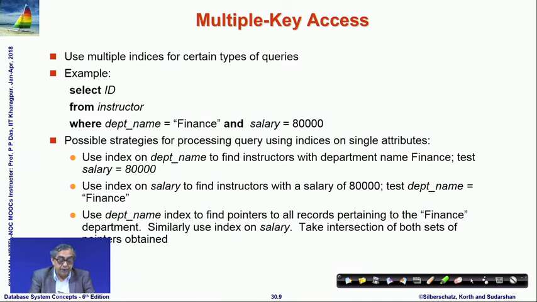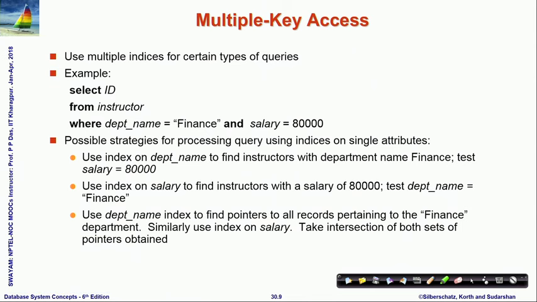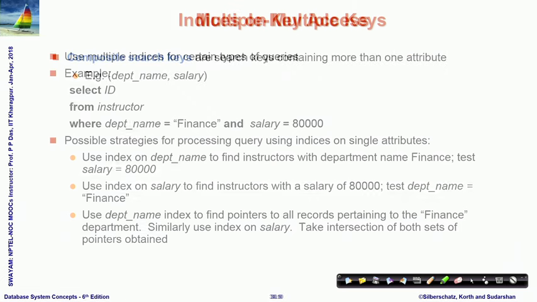Or you can use the department name index to find pointers to all records that pertain to the finance department, the index on salary to find all records that pertain to 80,000 salary, and then take the intersection of both sets to get the final result. So, multiple key access could be achieved using various single attribute indexes also.